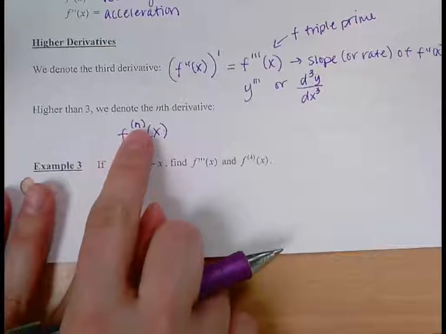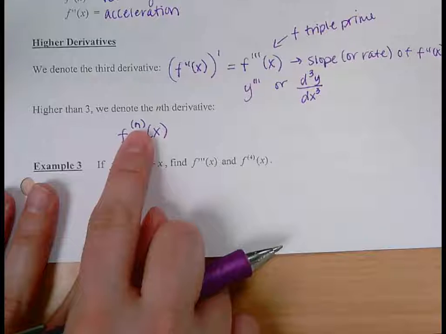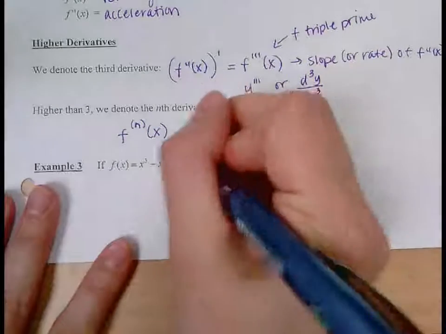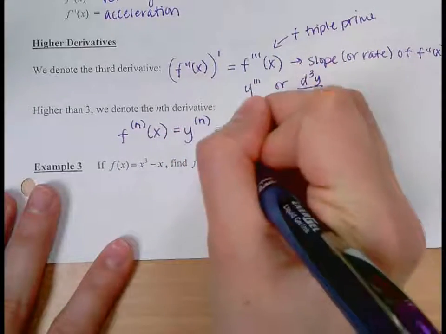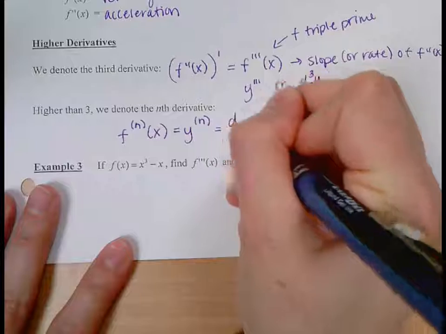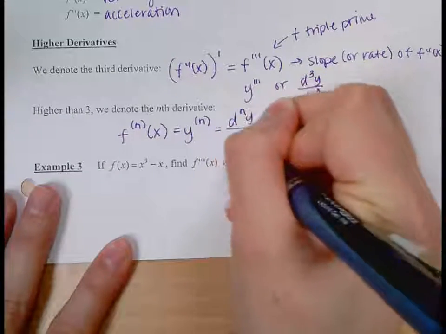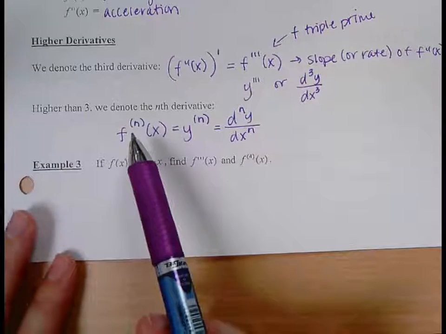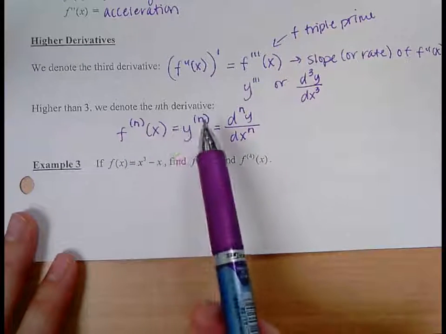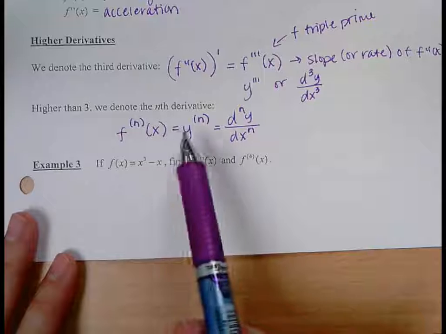So rather than putting the marks, you would put in parentheses the number of the derivative you're finding. So I will put an example for the fourth derivative, but I'm just writing the 3 main notations we have.